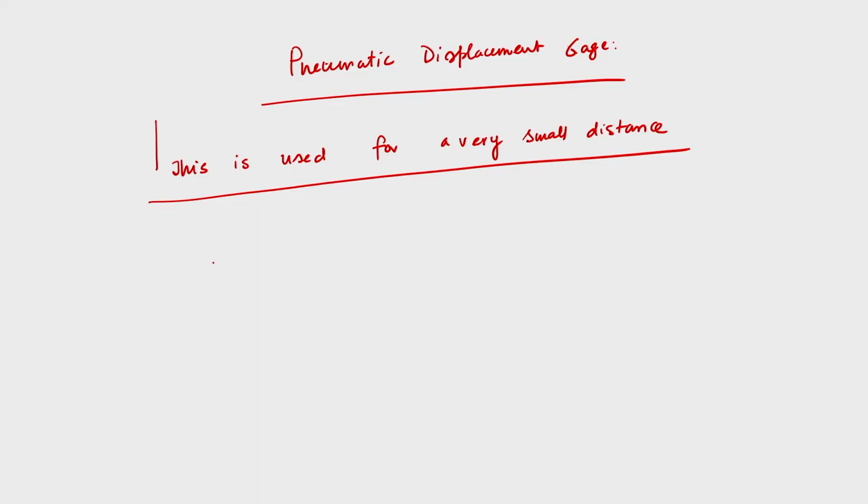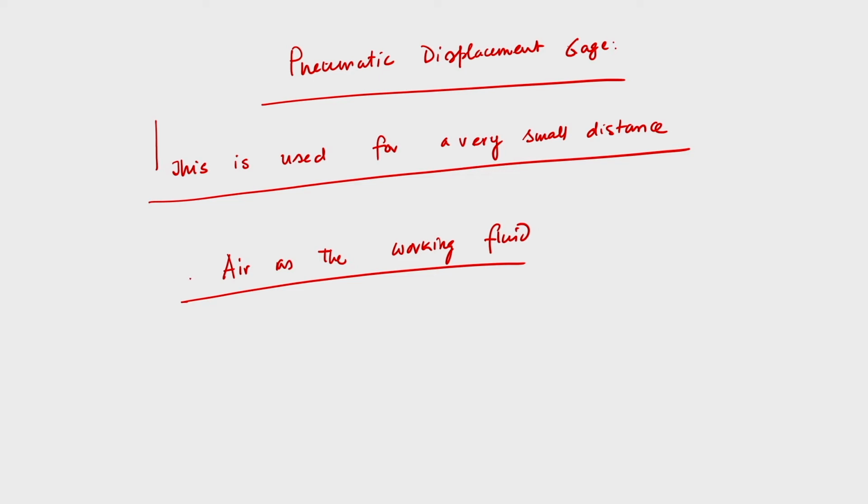Basically, the word pneumatic tells us that it has air as the working fluid, and this fluid is taken through a special type of arrangement, which is what we will discuss.